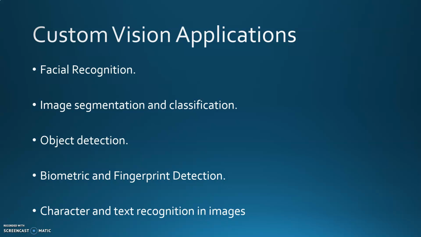So this type of vision analysis can be used for facial recognition, image segmentation, and optical character recognition. Also, we can use them for biometric and fingerprint detection. I have previously worked on something called optical character recognition, where I had to analyze a specific text inside an image.